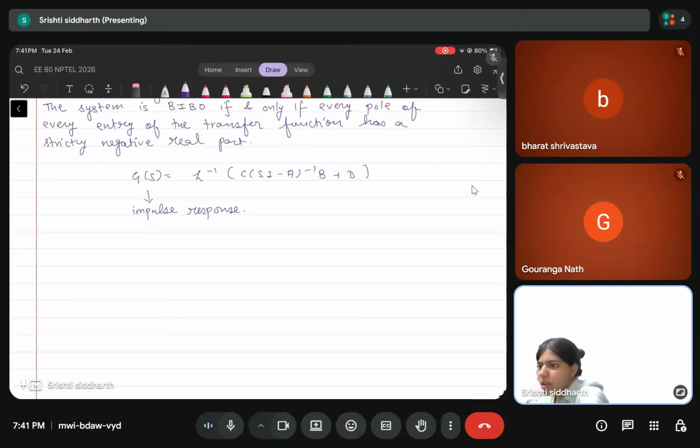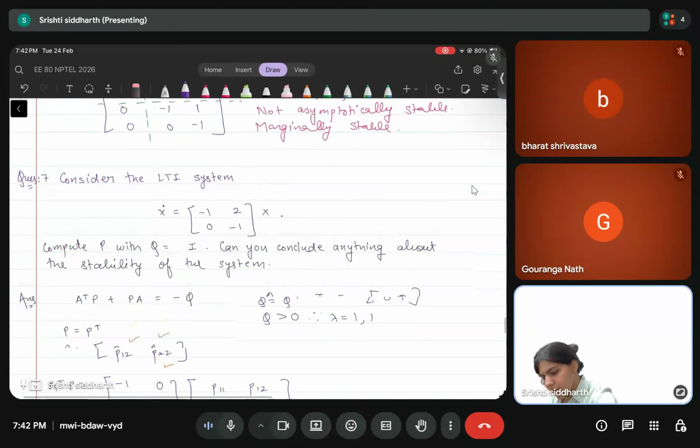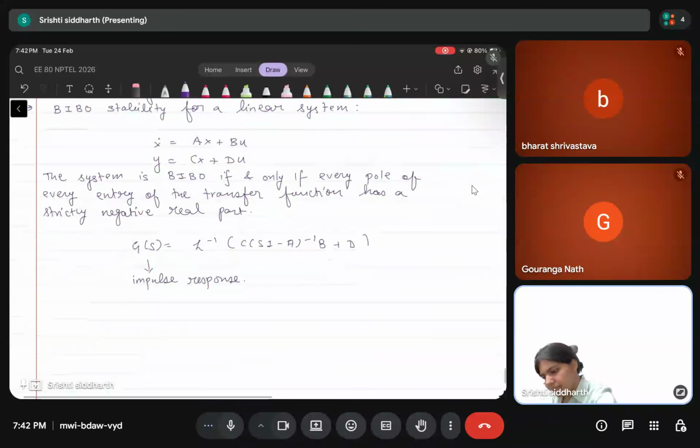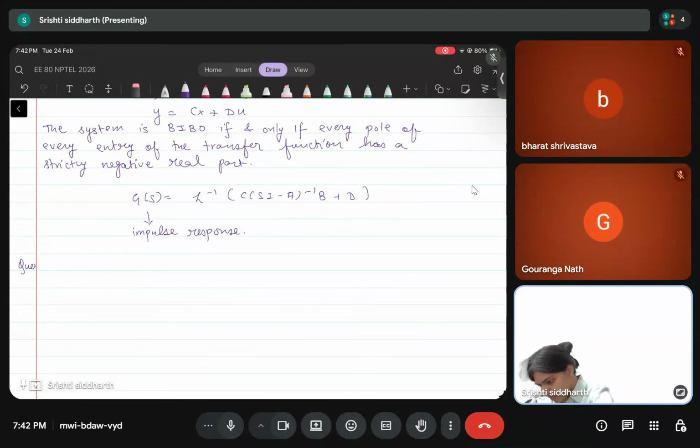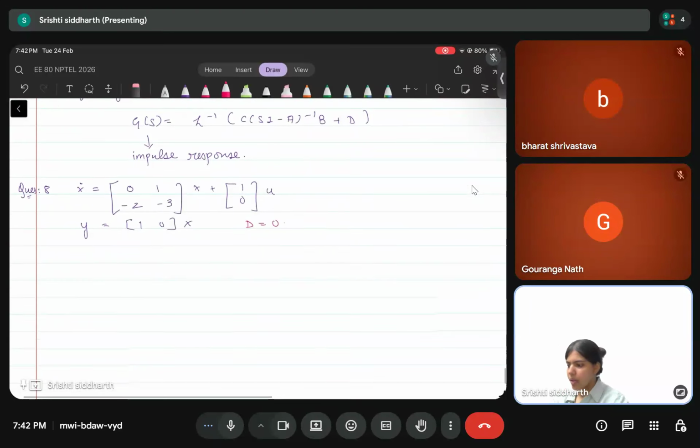Okay, so let's check this for the system. This is question 8. Okay, so let's say that the linear system x dot equals 0, 1, minus 2, minus 3, x plus 0, 1 u, and y equals 1, 0 x.